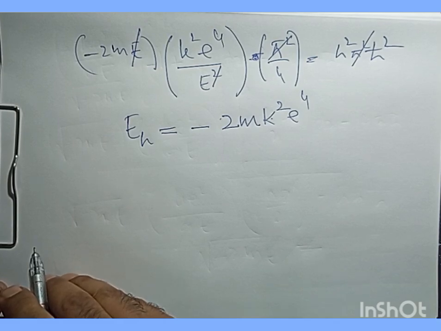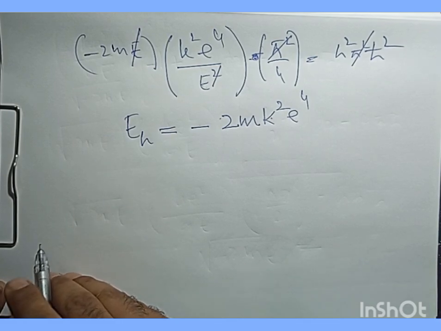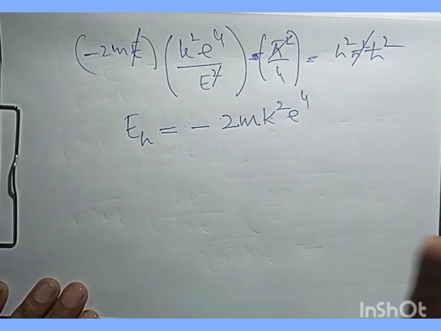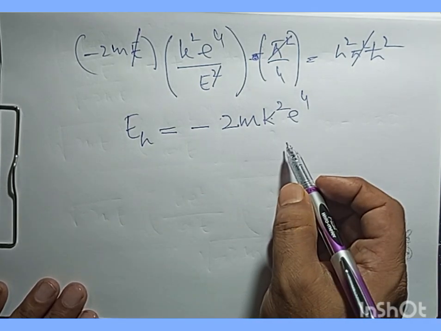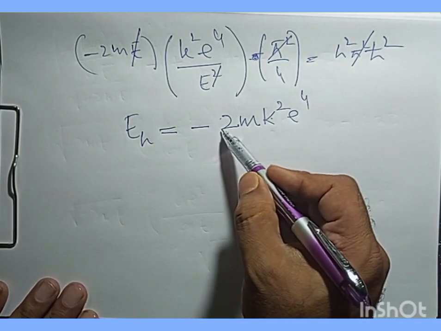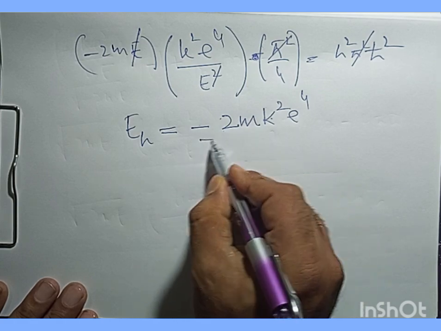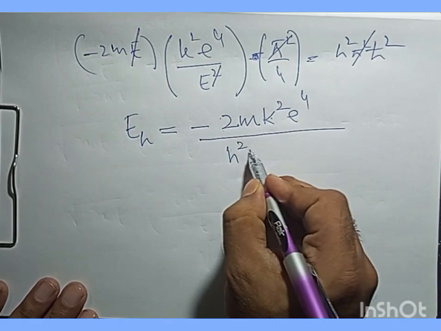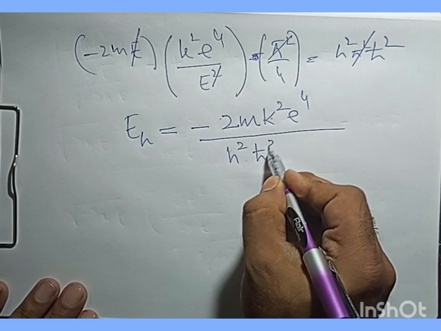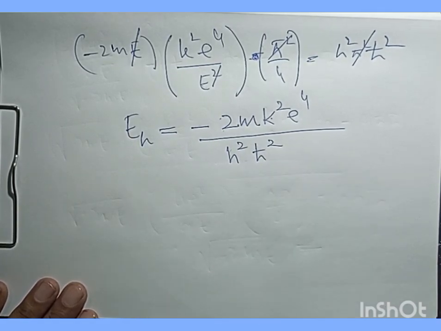I might have committed some mistake as well, but let me think in terms of the numbers here. So this is divide by n square h bar square. I think this is all done.